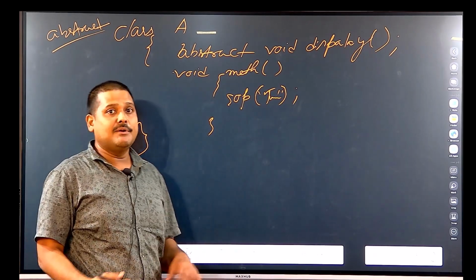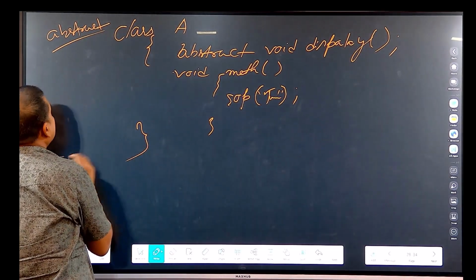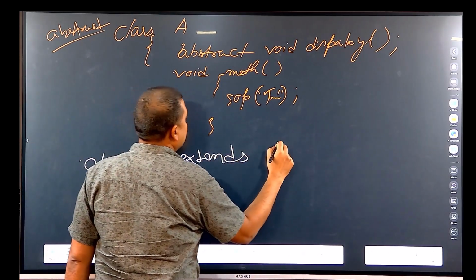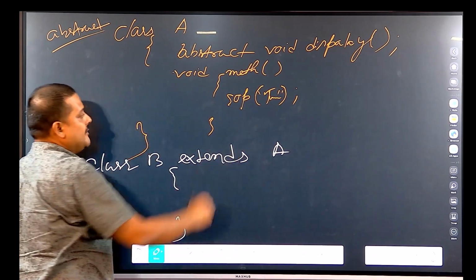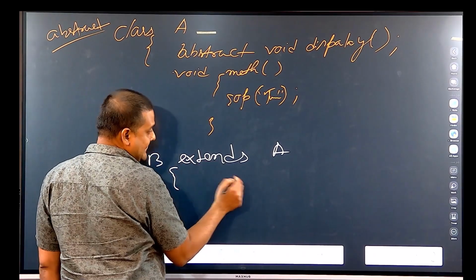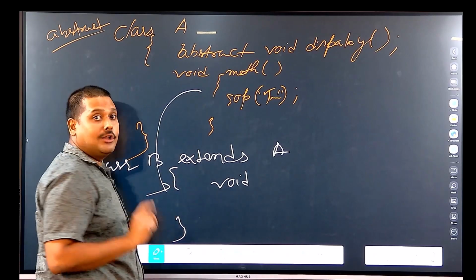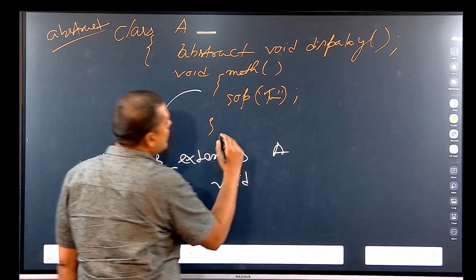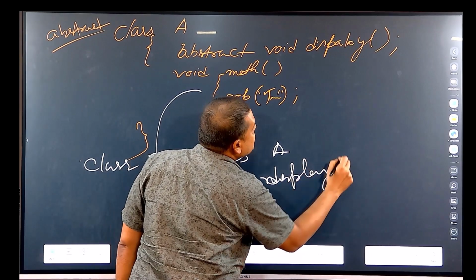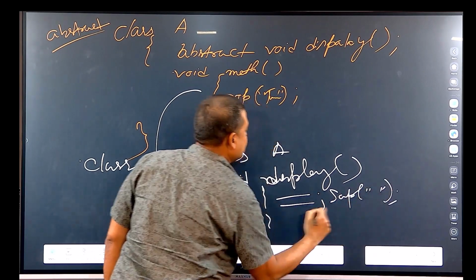Now how can we use it? We can use it with the help of inheritance. So if I inherit this class, I have to write class B extends A. So class B is inheriting class A. Void meth is automatically inherited, because all the properties are automatically inherited through inheritance. But void display must be implemented here, with something displayed using SOP.